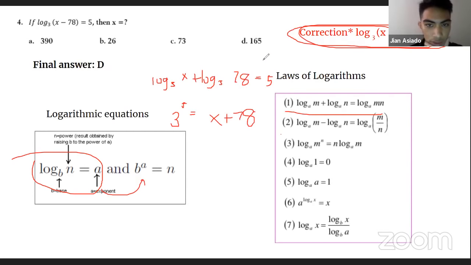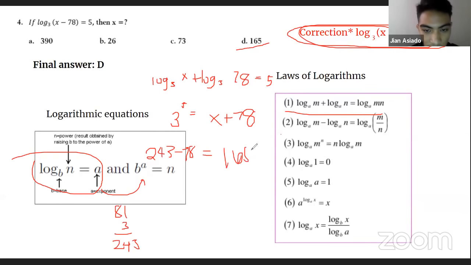So 3 raised to 5 is 81 times 3, so 243. Then 243 minus 78 is 165.